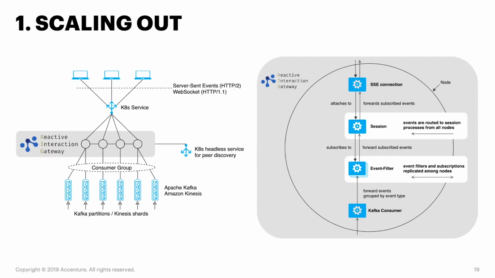And of course, Rig does have internal state because it holds connections. It has to maintain connection state. And there are also other features in Rig, like, for example, I've mentioned JWT validation.